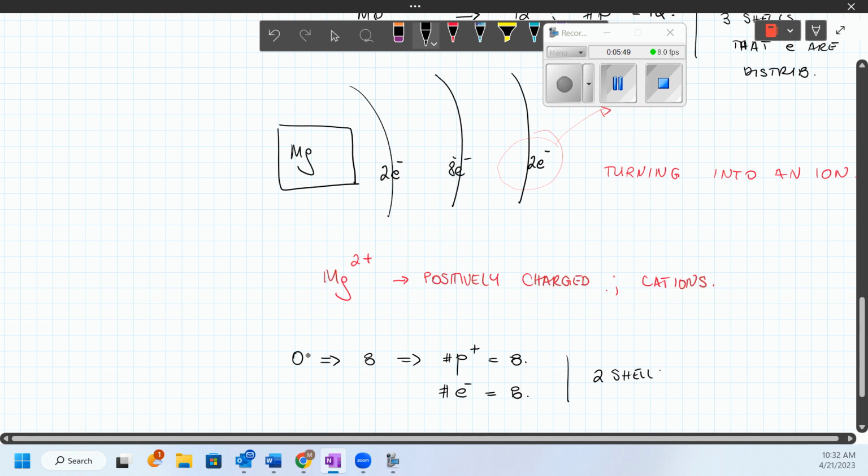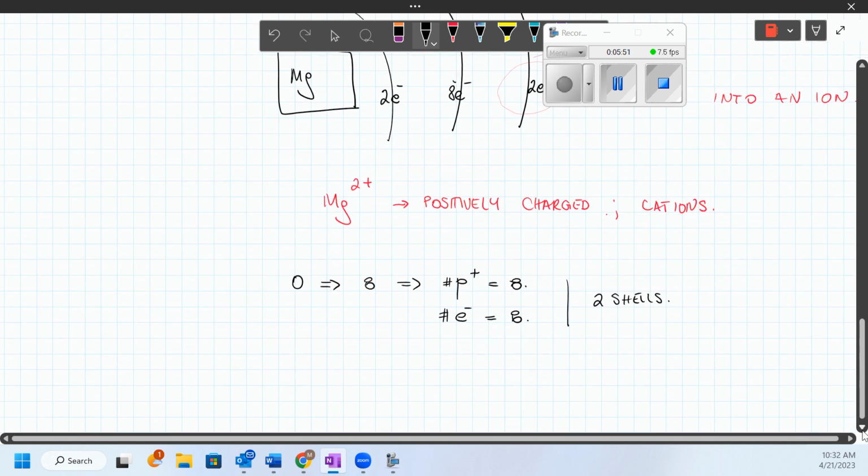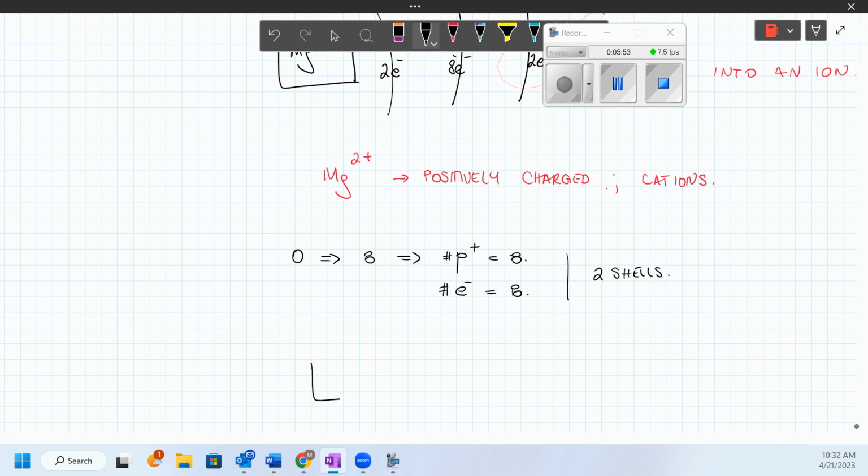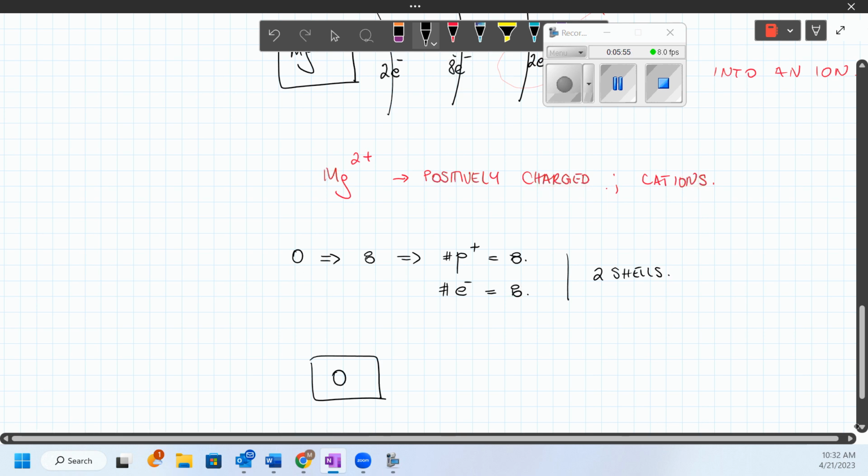The distribution for oxygen is like this: on the first we have 2 electrons, and on the second we have 6 electrons.